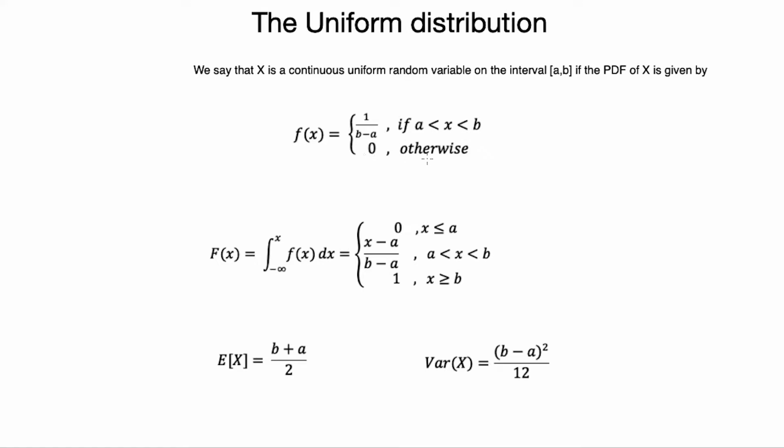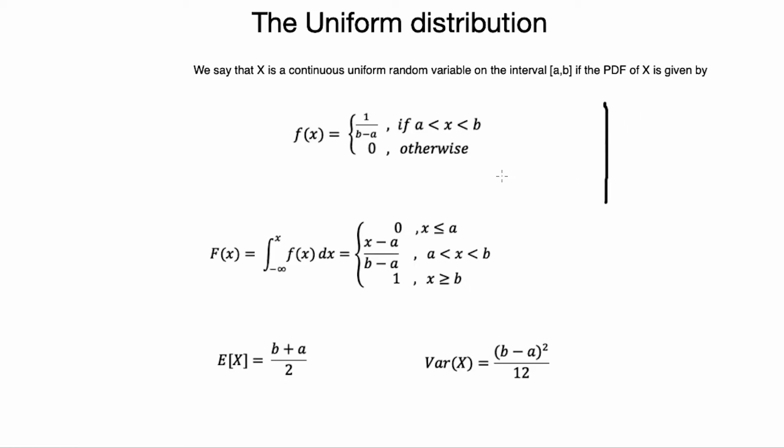and 0 otherwise. And it is easy to get this PDF because once we have a and b, we can get it easily by 1 over b minus a, and 0 for the case where x isn't in the interval [a, b]. And its graph is like that.